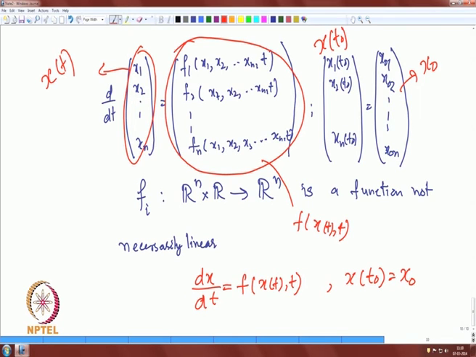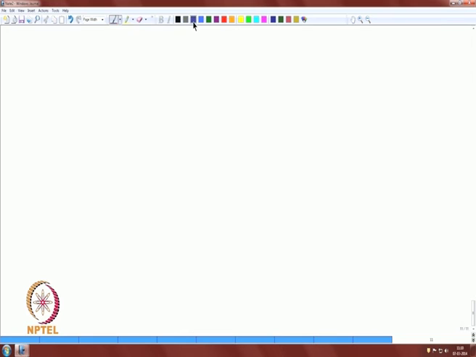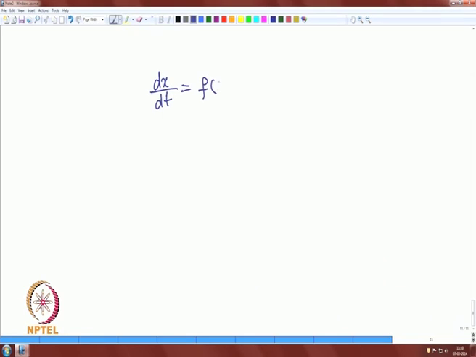So, the question is under what condition this initial value problem has a solution and the solution is unique, and we have the stability of solution etc. All these things can be similarly studied along the same line. Here our system is dx by dt is equal to f of t comma x, which is also a conventional notation, and x at t0 is x0.